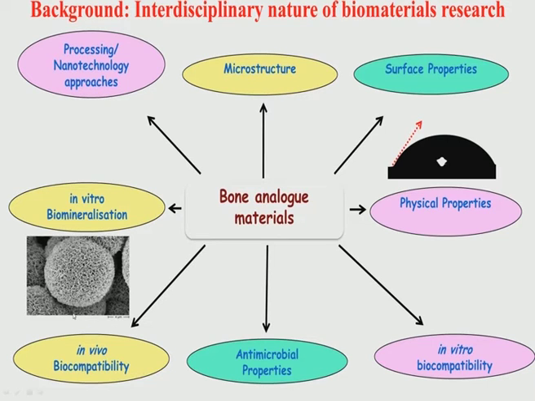These are very nicely arranged nodules, several micrometers in diameter, more or less perfectly spherical in shape. More importantly, one can notice that these nodules have a very fine pore structure, and you can see this microporous structure.